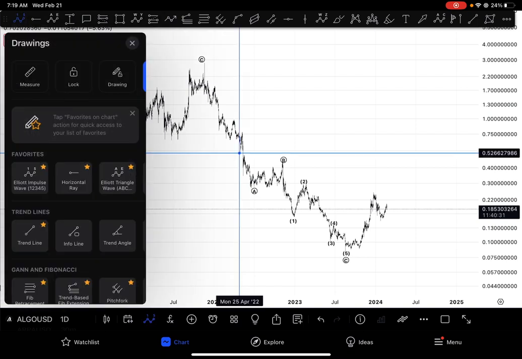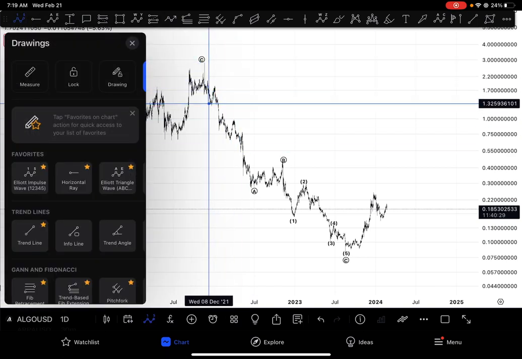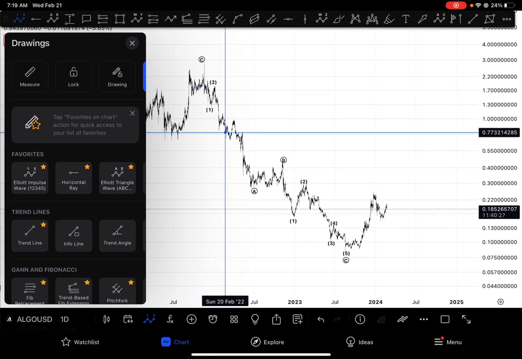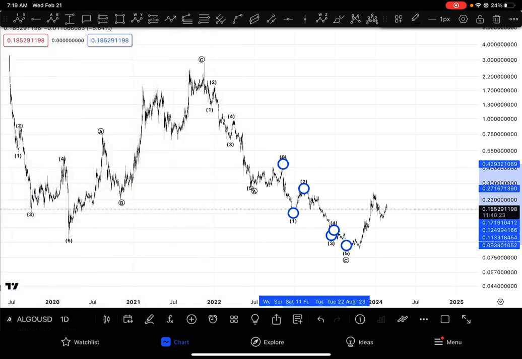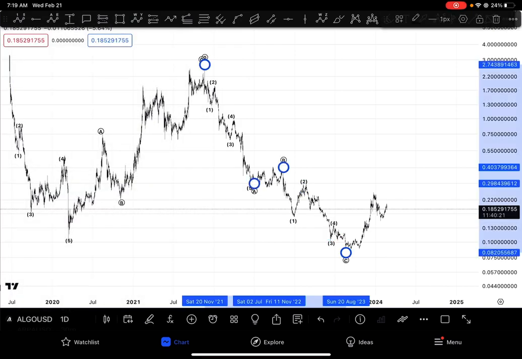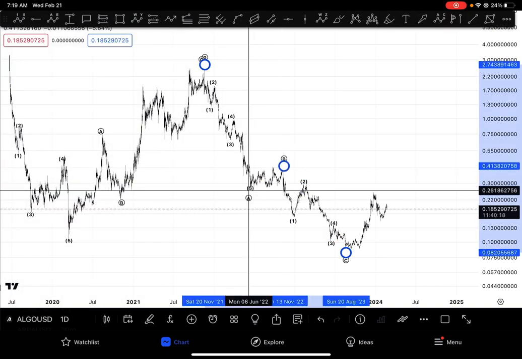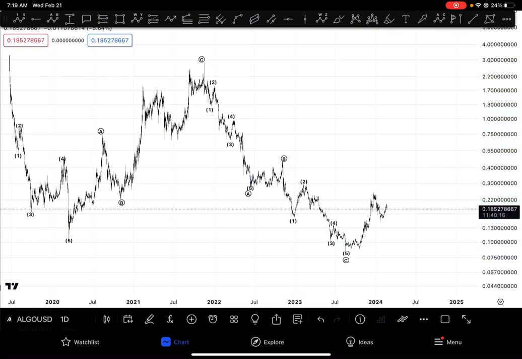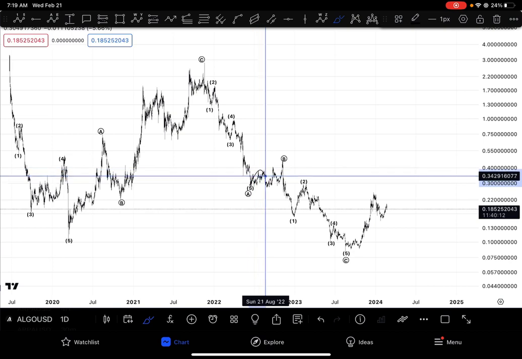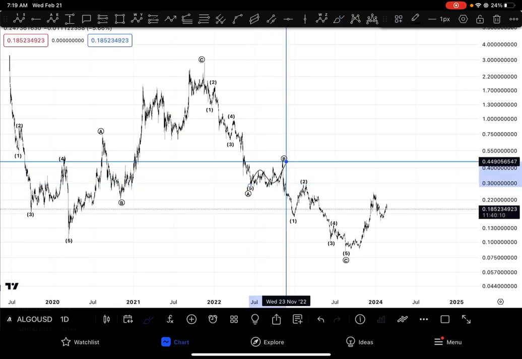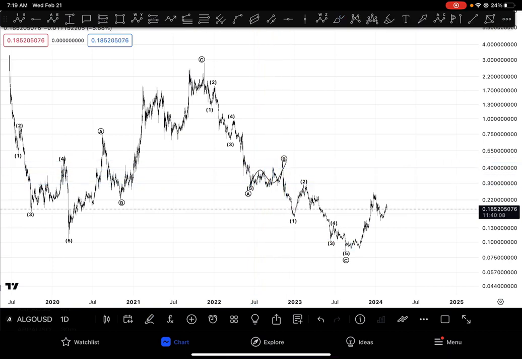Okay, and then for your A wave, it would look like this. Then you have an ABC correction up for your B wave, so it would be an A, B, C, and then you come down for another 5 waves.